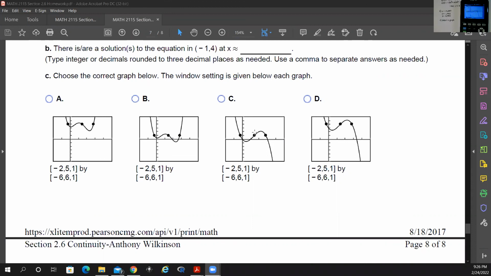Okay, because notice where those points are, and notice they didn't put in the graph of y is equal to 1. All right, so you just choose that as your answer, depending upon what you got on your graph utility.